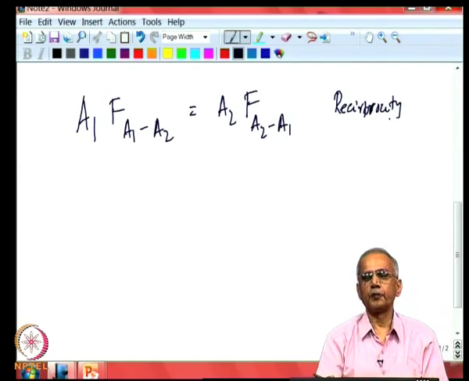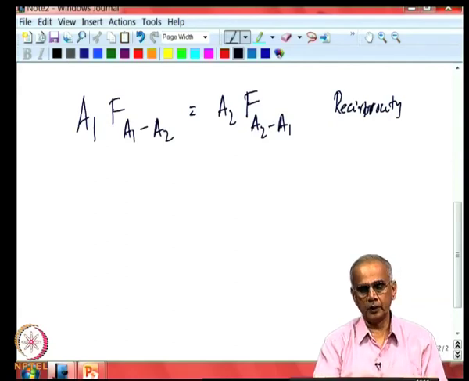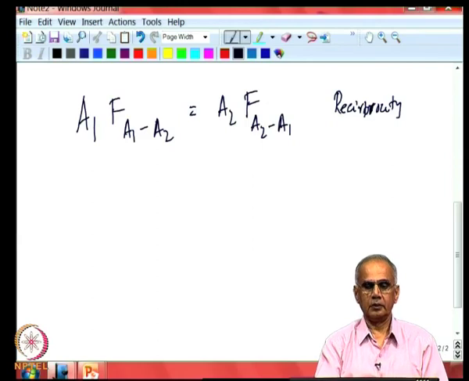So, this is a very useful property. If you happen to get hold of F A1 A2 from some source, you also know F A2 A1 immediately. So, it helps you generate new shape factors or geometric factors based on available values.